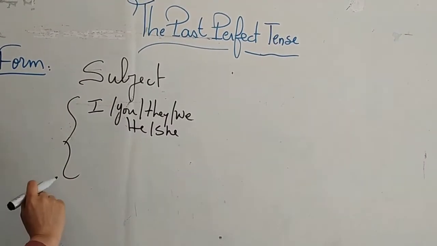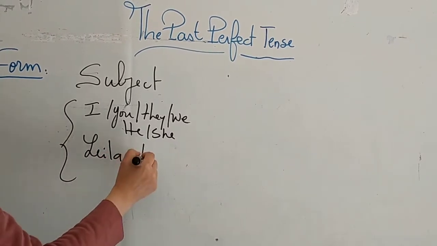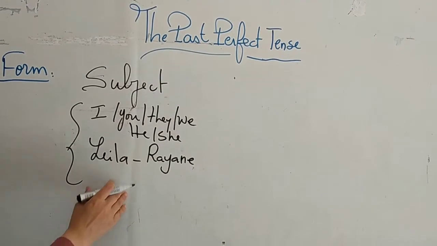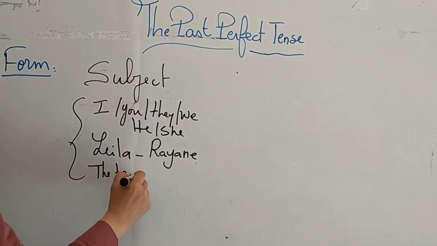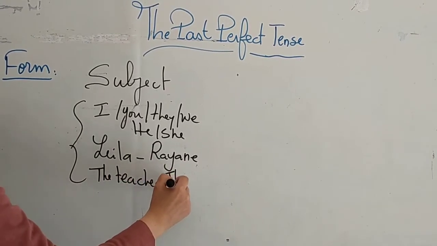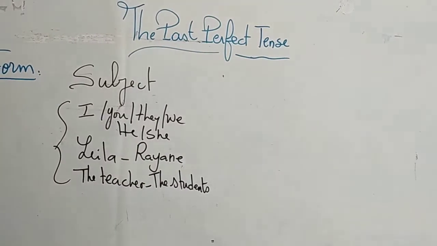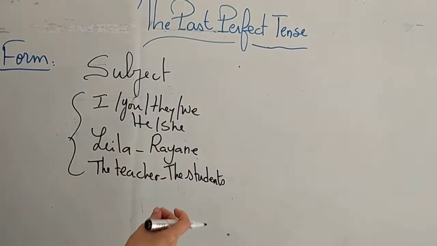It can be a name like Layla or Ryan. It can also be a noun like the teacher or the student. All of these can be subjects of any sentence.